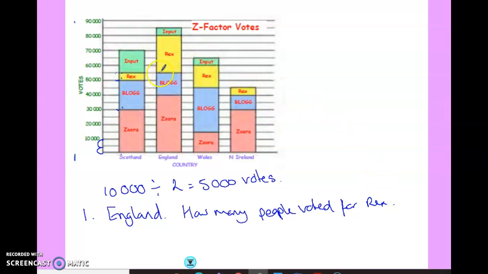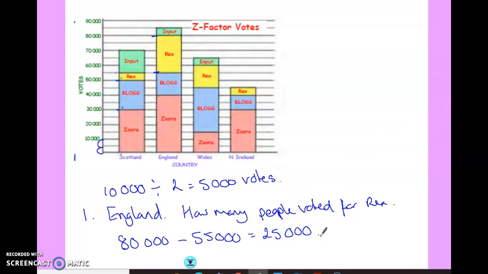Rex starts here at 55,000 and goes up to 80,000. We do our 80,000, take away the 55,000, and we get 25,000.